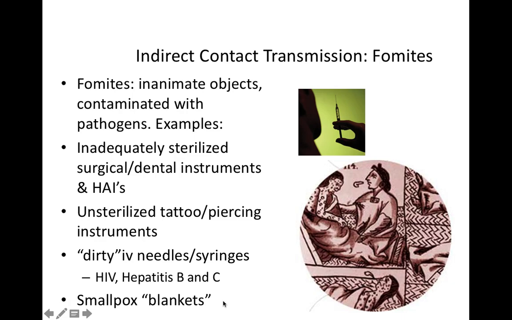And this was horrific, because smallpox is an old world disease. Through natural selection, the Europeans had some immunity against smallpox, but the indigenous people of the New World had no immunity against smallpox.